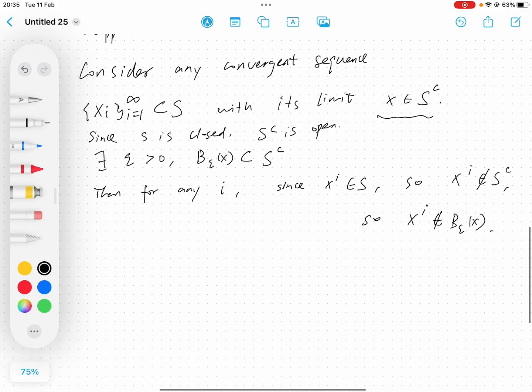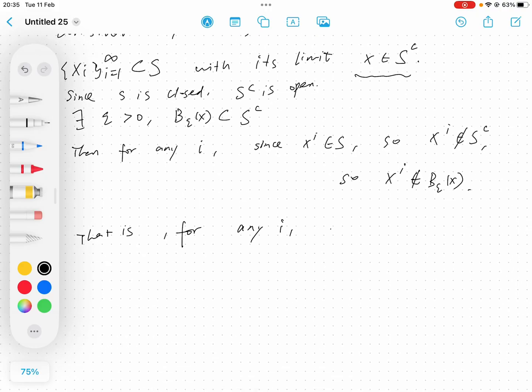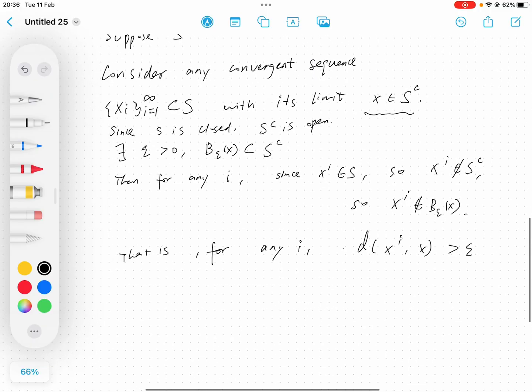Okay, so mathematically, for any i, the Euclidean distance between those xi's and x is going to be greater than this epsilon. But this is the problem, right?